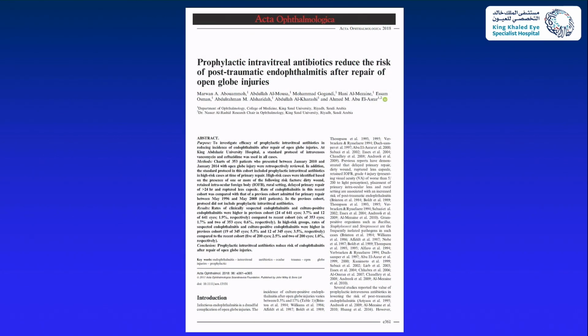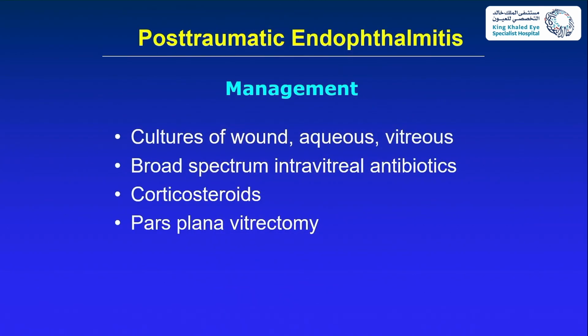We published a paper titled that prophylactic intravitreal antibiotics reduce the risk of post-traumatic endophthalmitis after repair of open globe injury. That was a paper based on a very large number of patients, but our protocol is we don't give it to all patients. We give it only to high-risk patients according to the risk factors that we discussed.